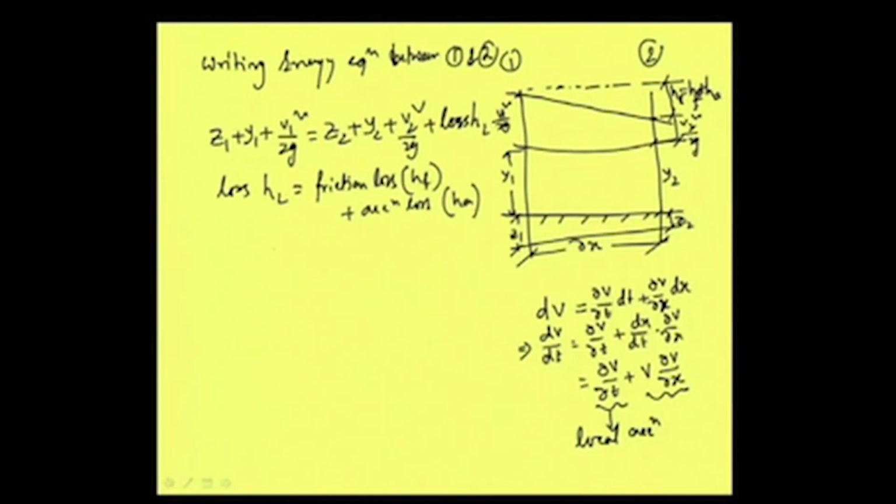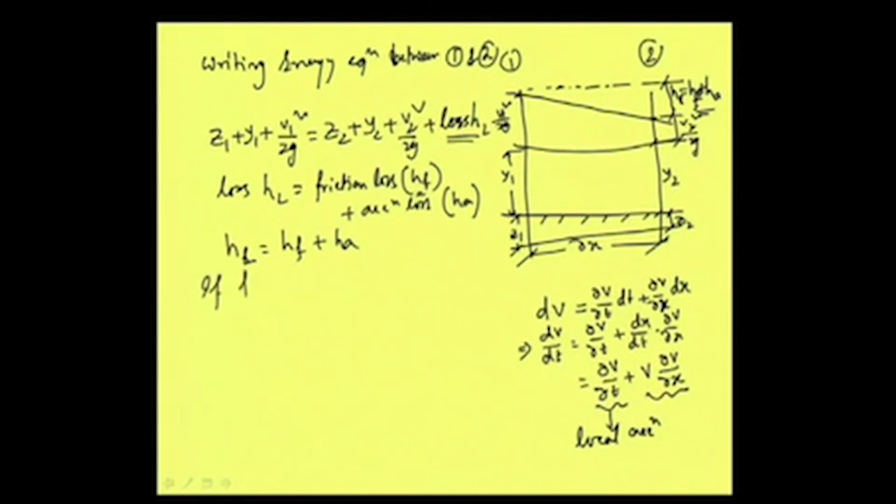So our expression becomes, now of course in this loss term we need to put these two. So this is equivalent to SF plus HL, already we have written here. Now we need to have an expression for these two. So HL is equal to HF plus HA. Now how can we get the SF? Because friction slope, we know SF.